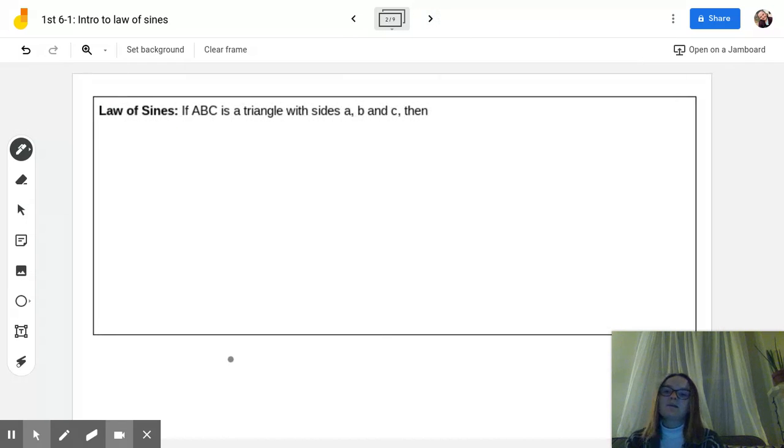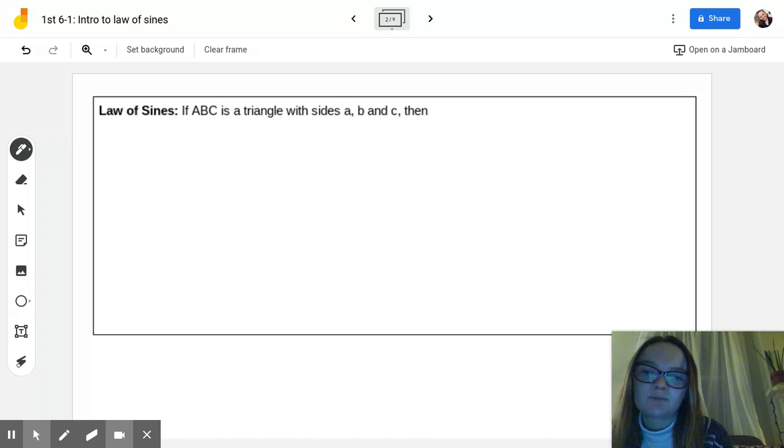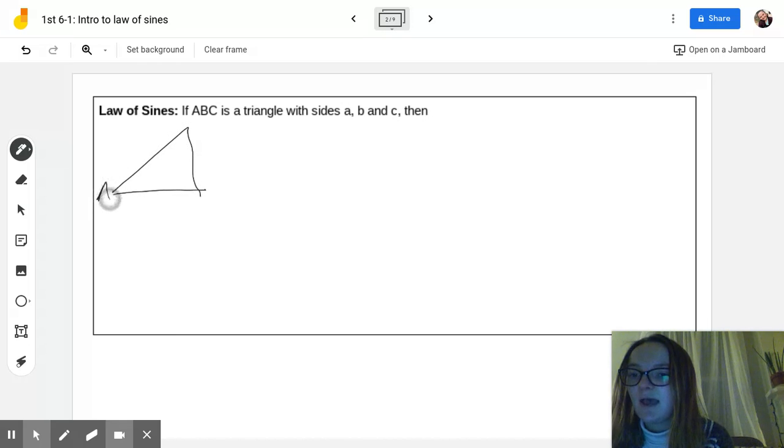So we're going to start with this. The law of sines. If triangle ABC has sides A, B, and C, then we're going to have the following. So I'm going to draw two different options. Say I have an acute triangle and it looks like this. We can say that this is angle A here, this is angle B here and this is angle C here, and this is not going to be right.